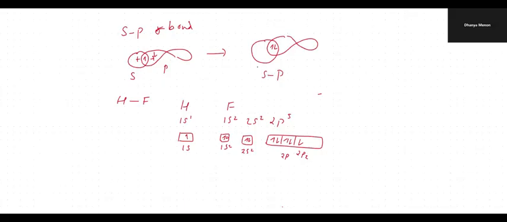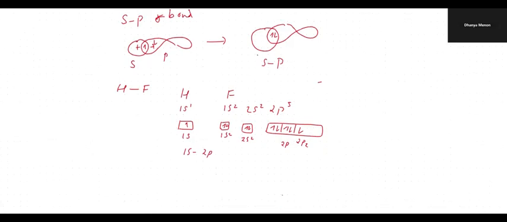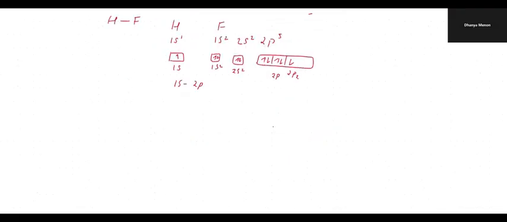So the overlap is between 1s and 2p. You can take 2px, 2py, or 2pz. I have hydrogen here, and the s orbital of hydrogen overlaps with the 2pz orbital of fluorine.